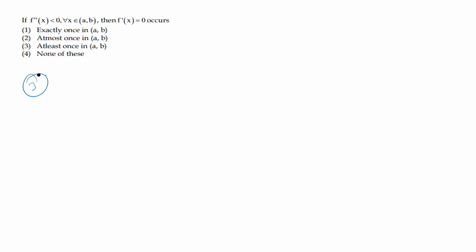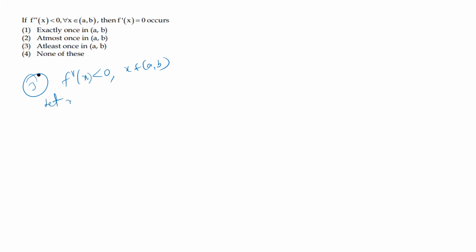Now the third question. Now f double dash of x is less than 0 for all x belonging to the open interval a comma b. Then f dash of x equal to 0 occurs at how many points exactly? Now we should take exactly, for example, suppose we are taking 2 points in the open interval.